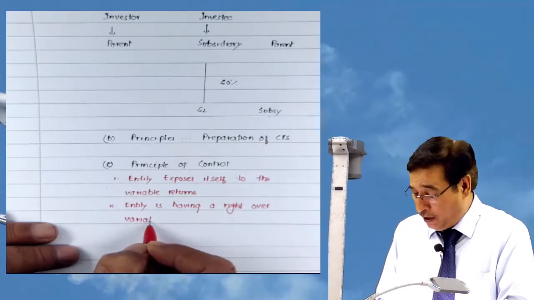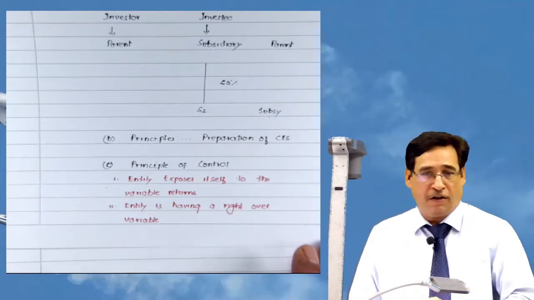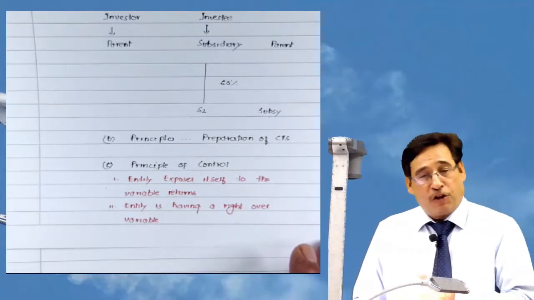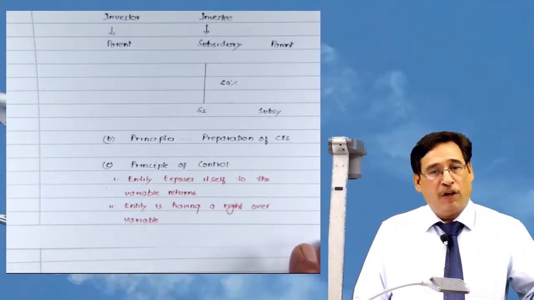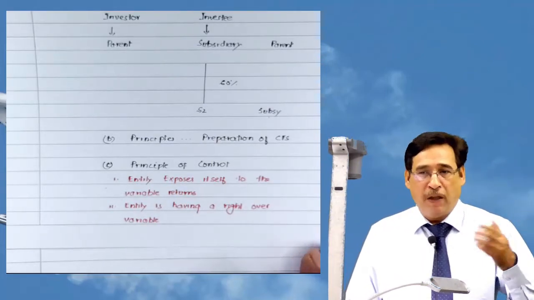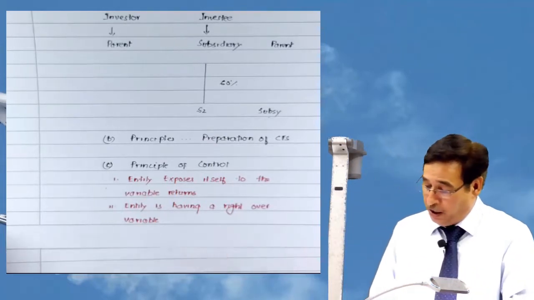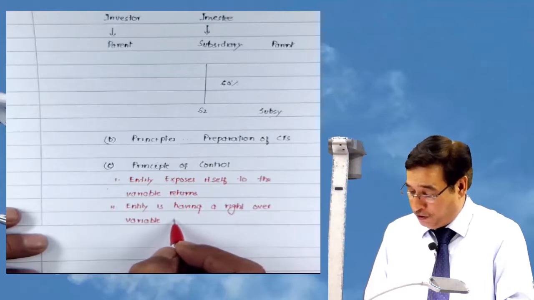All in all, it means whatever returns are there, you will definitely have a share in it. If your share is lower, we may say you are exposing yourself to that. If your share is higher, it may be said that you are having a right in it. Is it clear to you? The entity is having a right over variable returns.